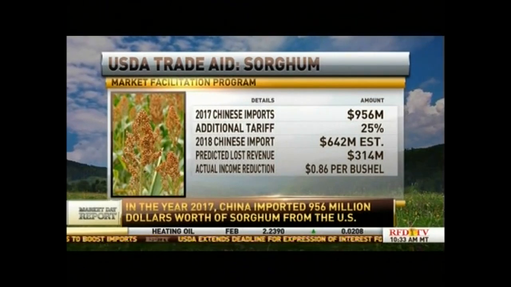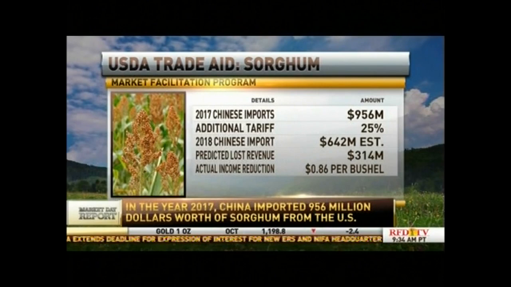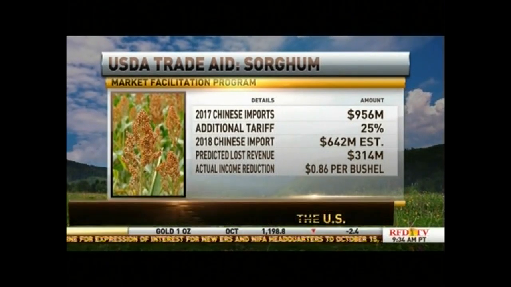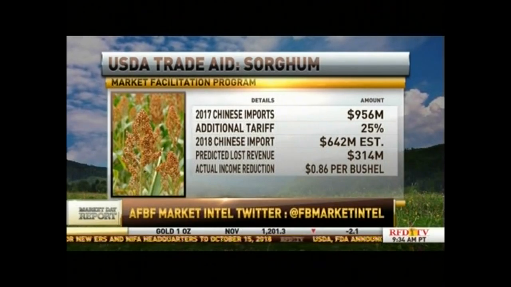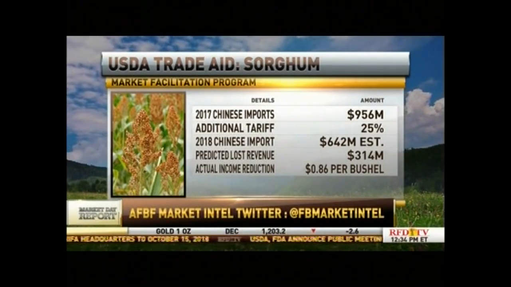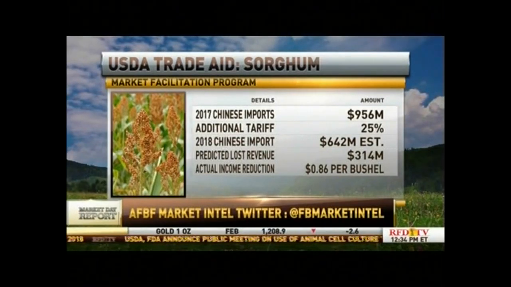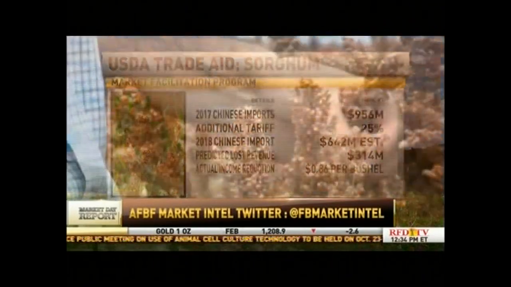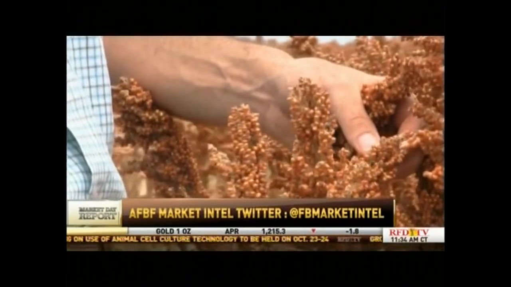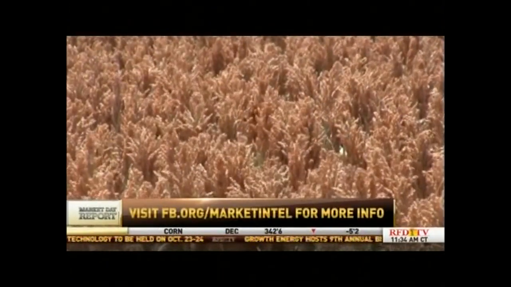But because of the giant tariffs that China has had in place, we lost a lot of sales. So they took that total amount of lost sales and then divided it by the total production of bushels of milo that they thought the U.S. would have in 2018 to come to a per bushel basis, which was 86 cents per bushel, which is a pretty sizable margin when you look at the total sales price for grain sorghum.